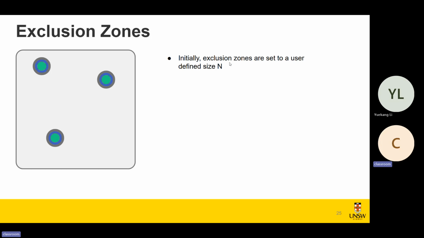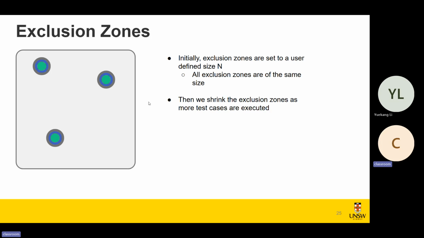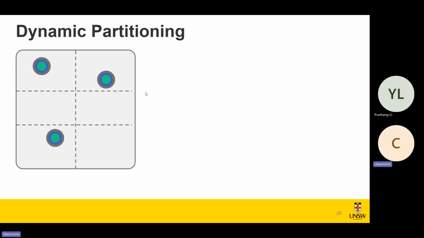Initially we decide the exclusion zone to be of a certain size, and all the zones are of the same size. Then we shrink the size of the zones as more test cases are executed.